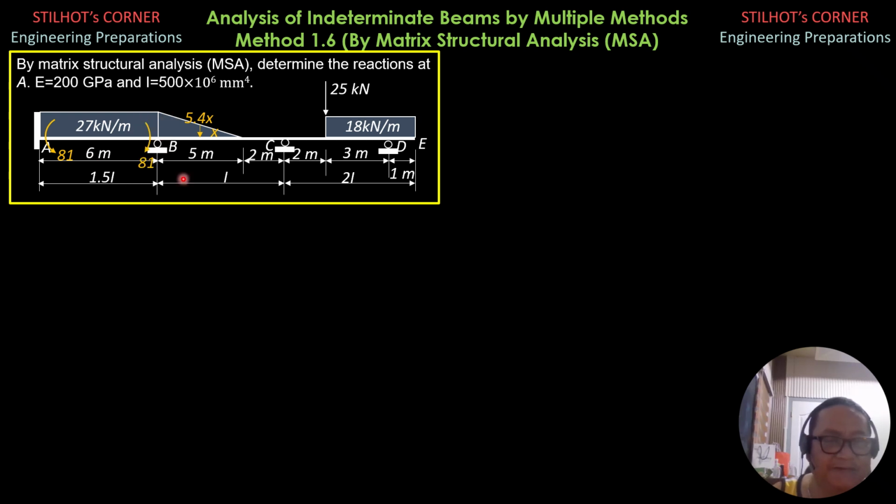So for BC, the fixed moment BC is counterclockwise, the integral of 5.4x dx times this distance A, which is 5 minus x, and that distance B, quantity x plus 2 squared divided by 7 squared.